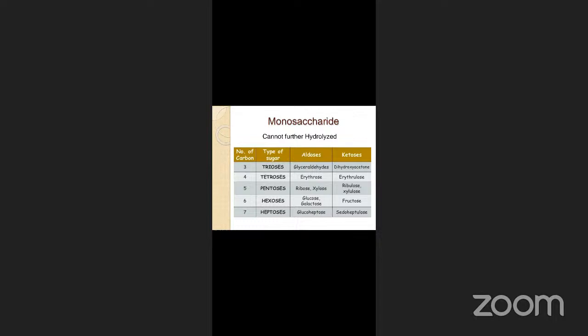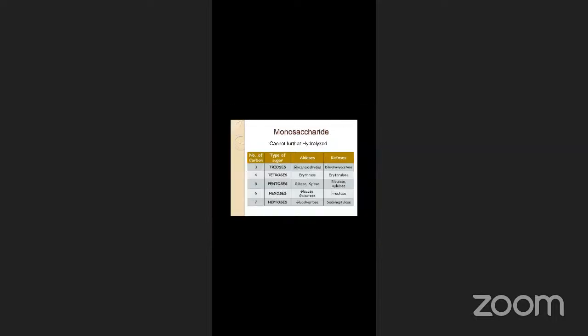Aldohexose, glucose and galactose. Ketohexose, fructose. Aldoheptose, glucoheptose, and ketoheptose, pseudoheptulose. So these are the examples. The difference is the functional groups and the orientation of the OH and H groups.